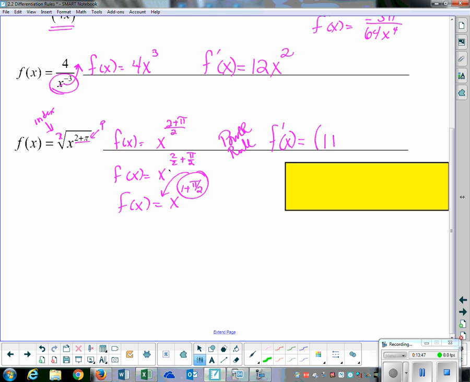I need parentheses, 1 plus pi over 2 times x raised to the 1 plus pi over 2, reduce the power by 1 because we're using the power rule. That makes our answer f prime of x equals 1 plus pi over 2 times x to the 1 minus 1 up there gives us 0, so it's just going to be a pi over 2. I told you that was a challenging one.